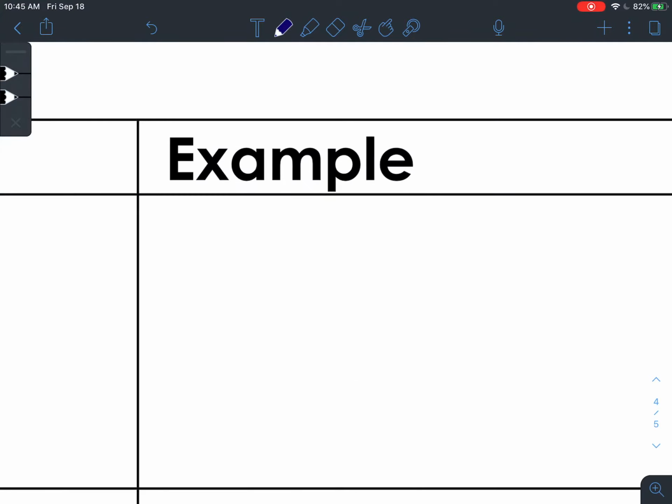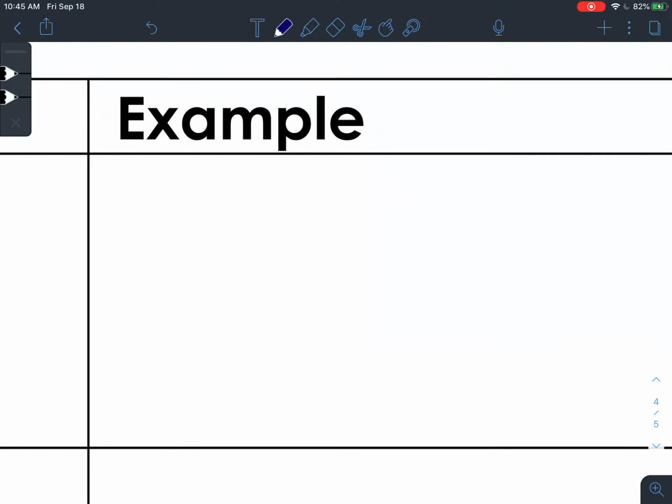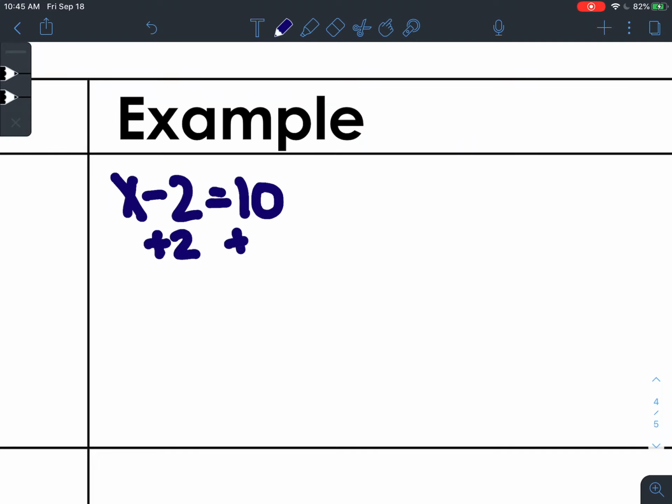All right, so I'm going to give you two examples here. So let's say that you have an equation like x minus 2 is equal to 10, right? How would you solve that equation? Well, you'd add 2 to both sides, and you would get x is equal to 12, right? That's the addition property, because what we're doing is we're adding the same thing to both sides, okay?